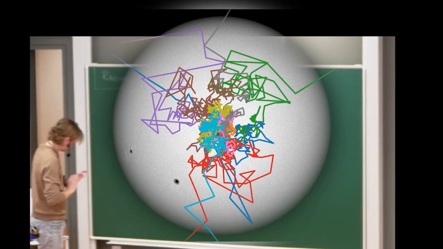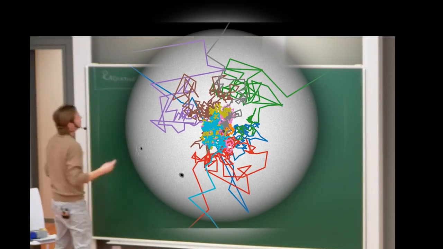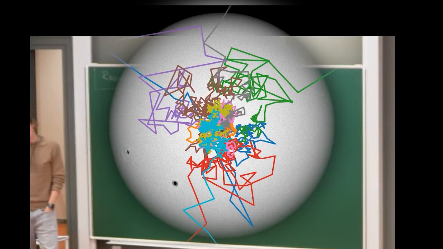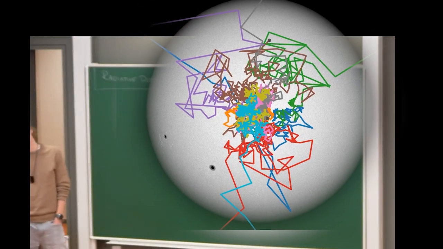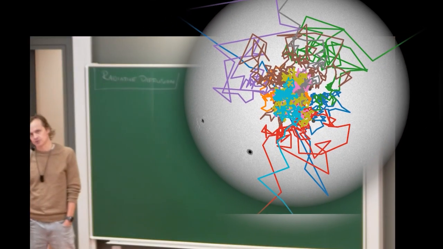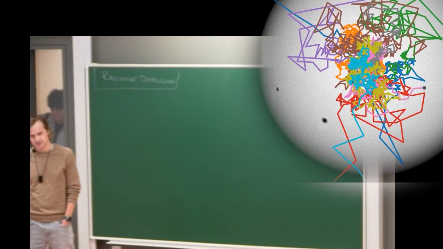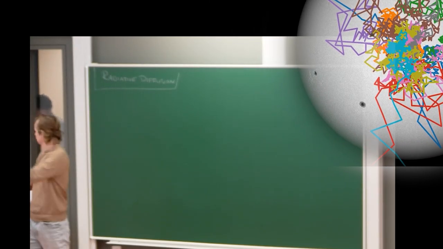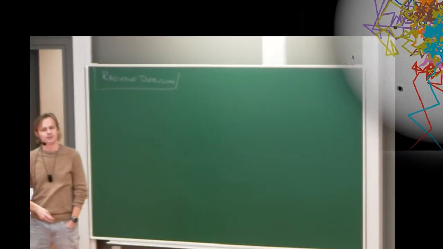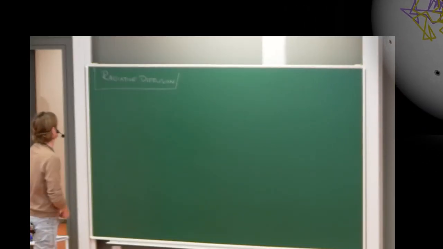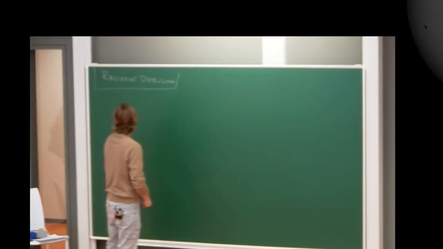So, in our description now of the specific intensity as our main macroscopic quantity and the radiative transport equation as the main equation that we normally solve in order to get our information.